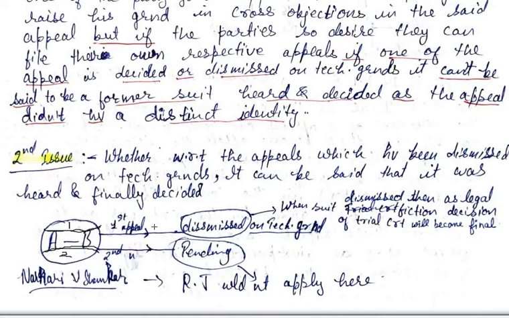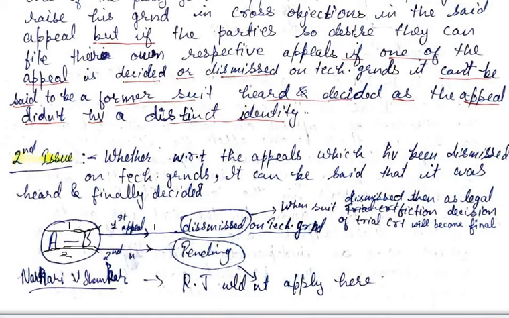So means what becomes final? A decree which was made by the trial court after having heard and finally decided the suit. Okay.